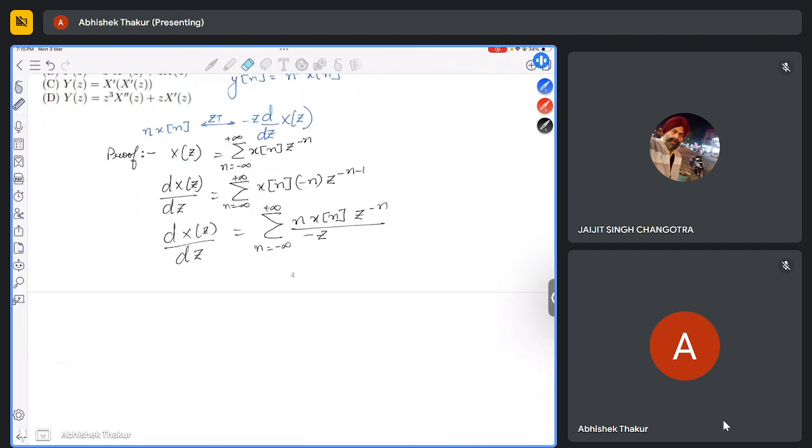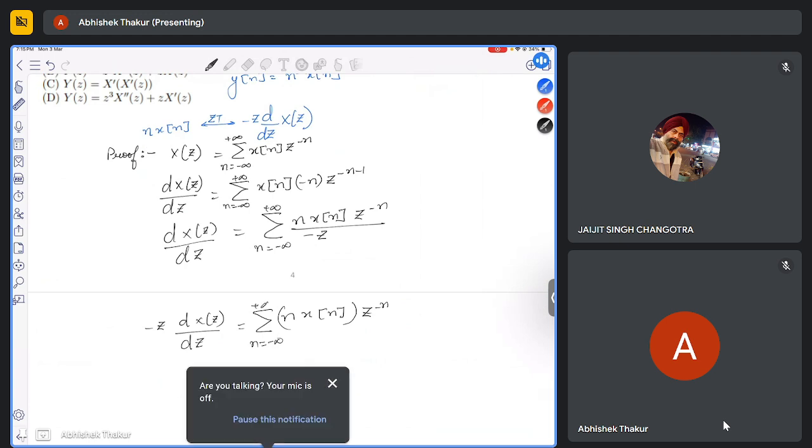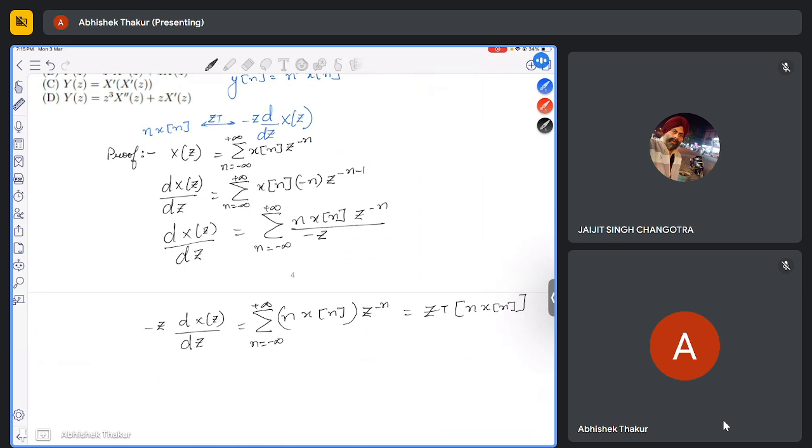After that, what we will get is minus z dX(z)/dz, the derivative of X(z) with respect to z, is given as the summation of n x[n] z to the power of minus n. So basically this is simply the z transform of n x[n]. So this is the proof.